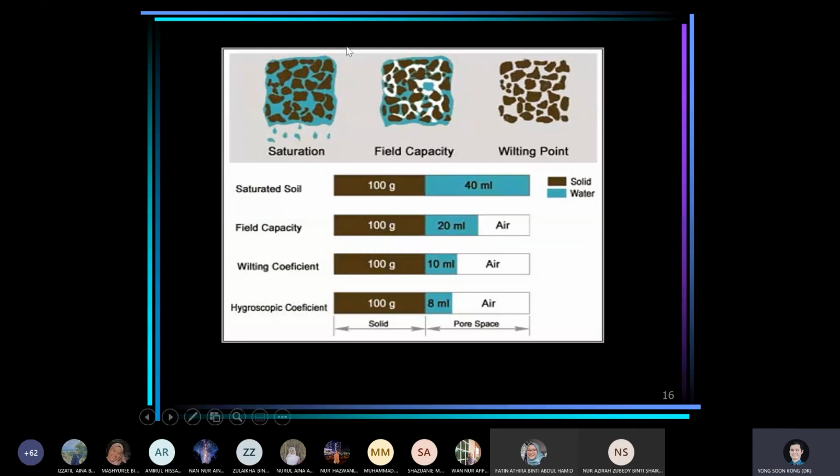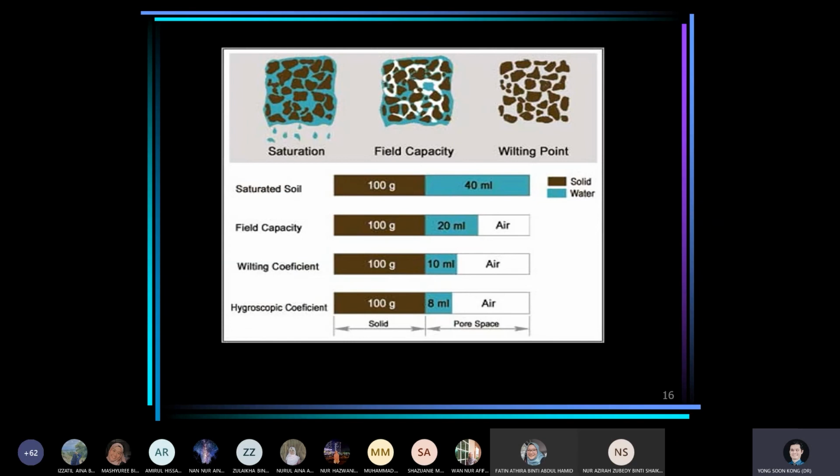So in reality, is this possible? The answer is yes, but maybe after rainfall. After a heavy rain, then you will see this condition. That's why in the soil sampling procedure, there are conditions.